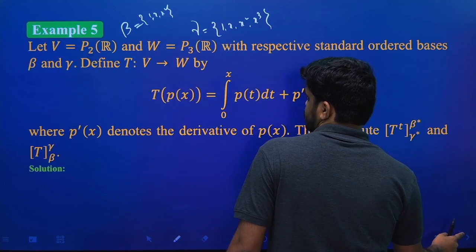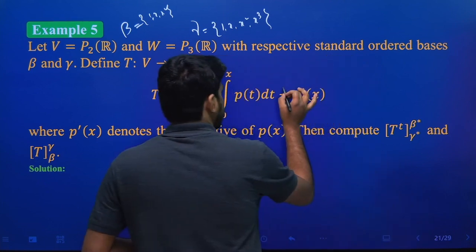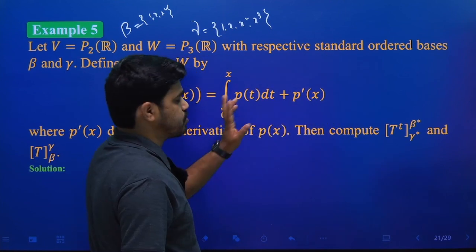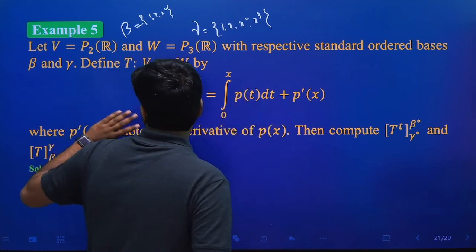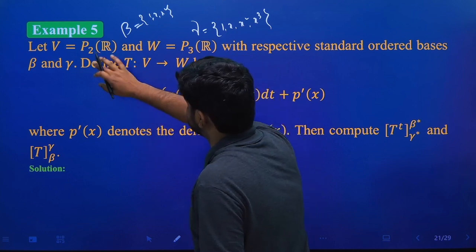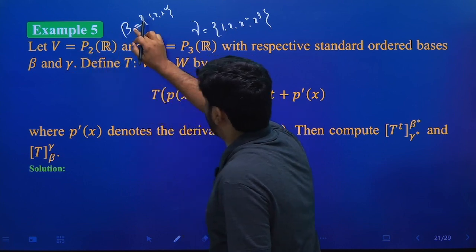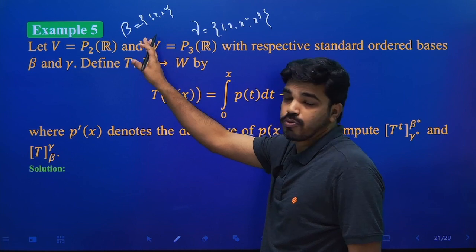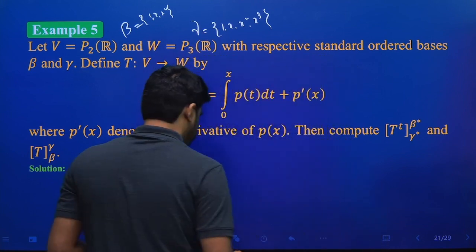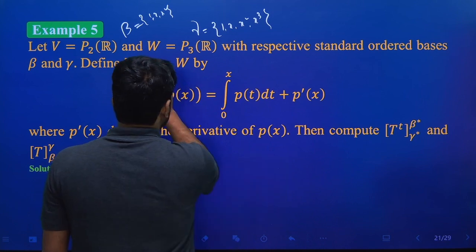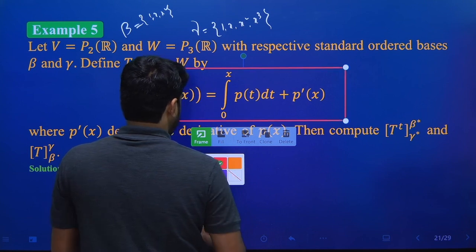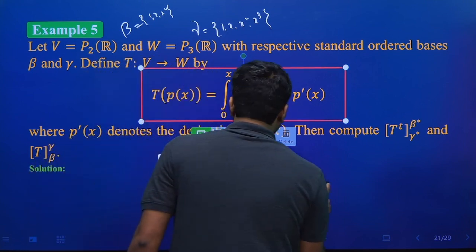Okay, so x square P dash x, here just the x square term is there, x square P dash x plus the integral from 0 to x of P(t) dt, same concept. Okay, V is the vector space of all polynomials of degree at most 2, that means the basis for V is 1, x, x square, and the basis for W is 1, x, x square, x cube. Okay, so I think you can solve this problem. This is similar to Example 2.